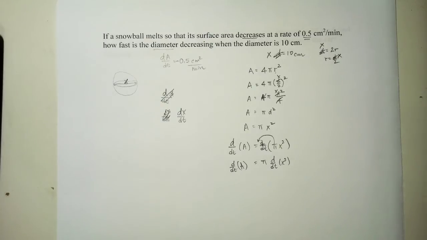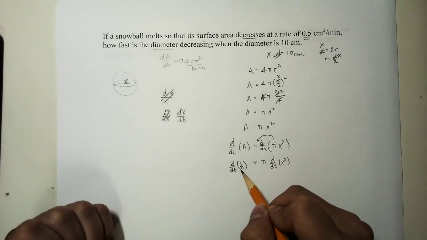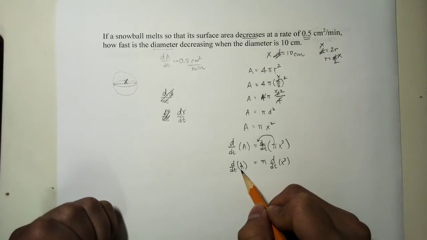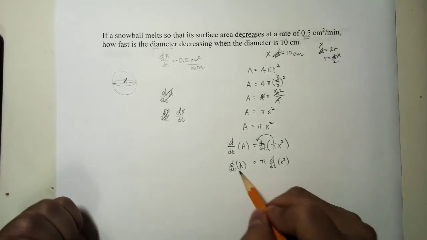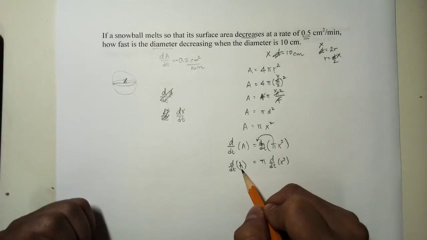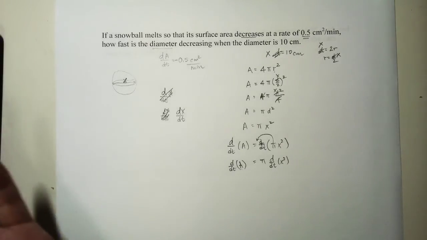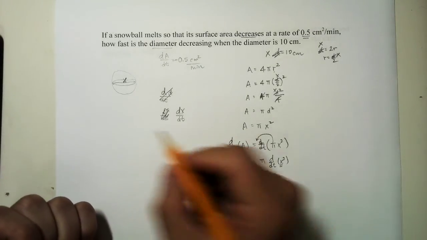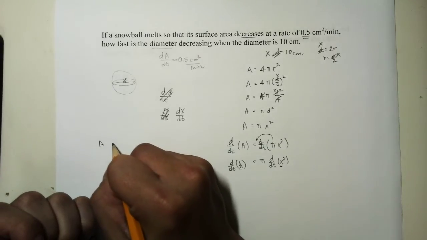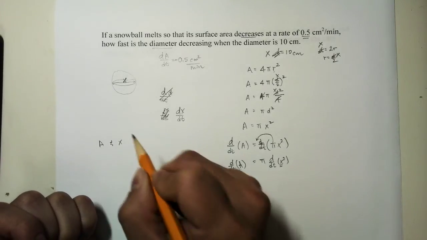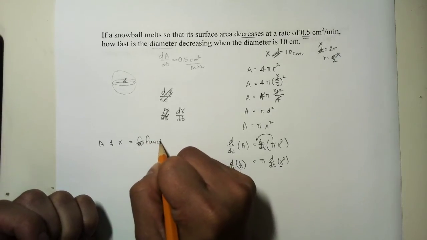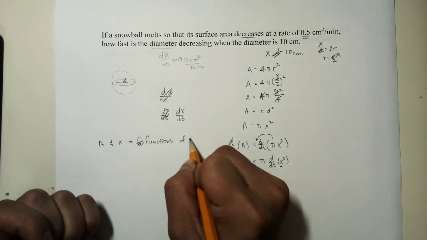All right, so now what we have here is that A is changing. The surface area is changing, but this is not t. It is not a variable t, but it is actually a function in terms of t. So the area and x, the diameter, are both functions of t.